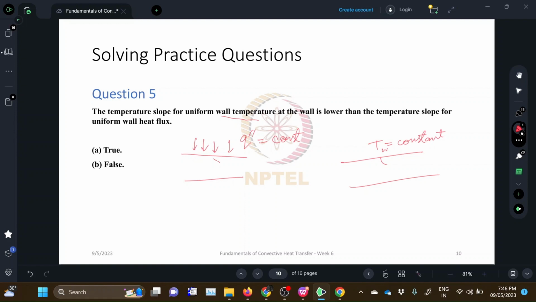Now remember, temperature slope is directly connected to the magnitude of heat flux. If it is more, then the heat flux will be more. If it is less, then the heat flux will be less. Like that.